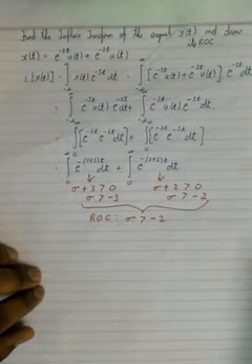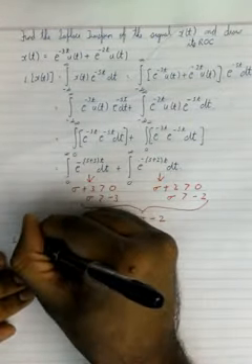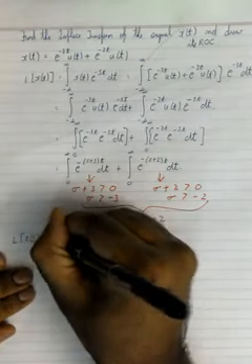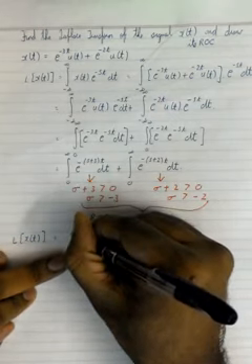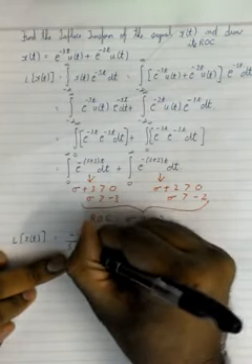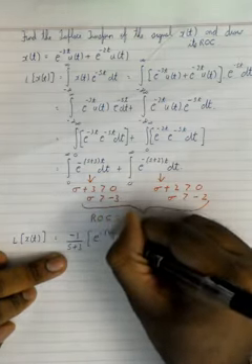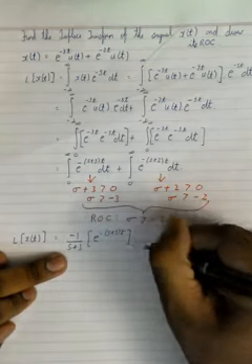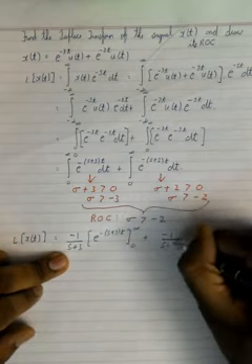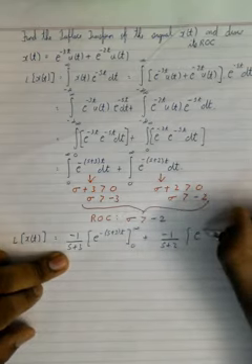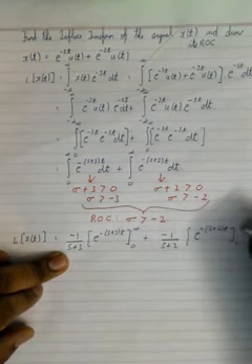Okay, now we'll continue with our problem as usual. Here the Laplace transform of x of t is equal to -1 by s plus 3 into e raised to minus s plus 3 t from 0 to infinity, plus -1 by s plus 2 into e raised to minus s plus 2 t from 0 to infinity.